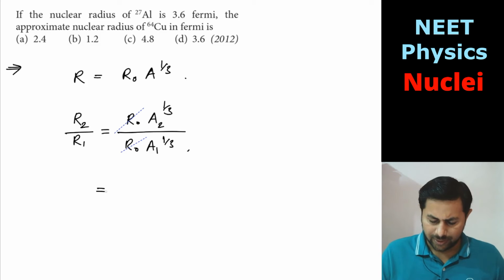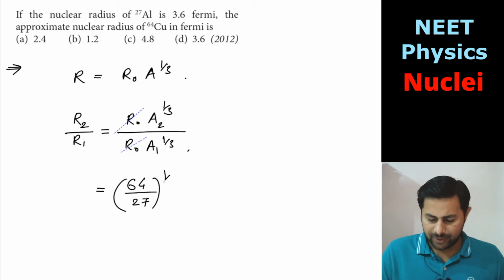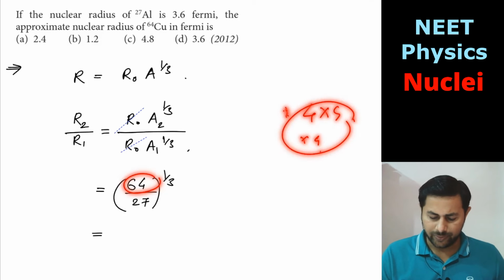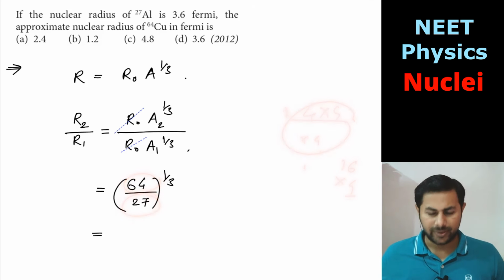So this is 64 divided by 27 raised to 1 by 3. 64 is the cube of 4, and 27 is the cube of 3.